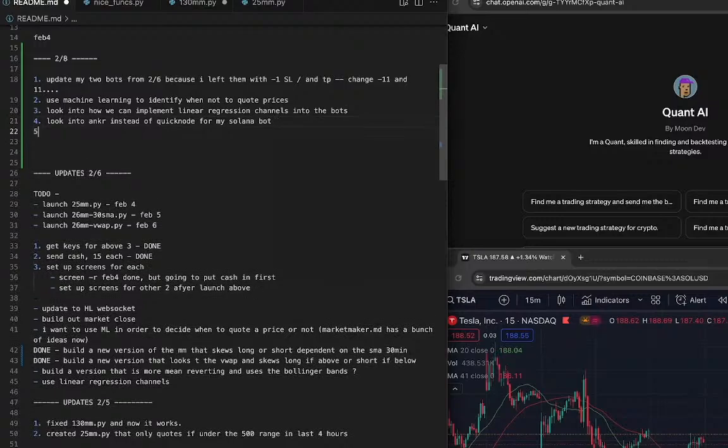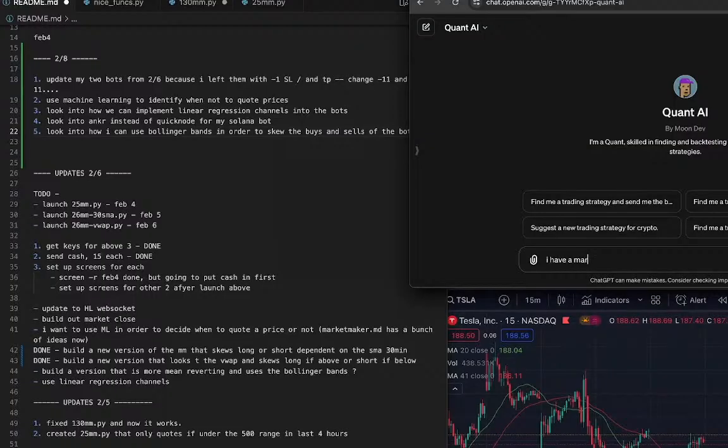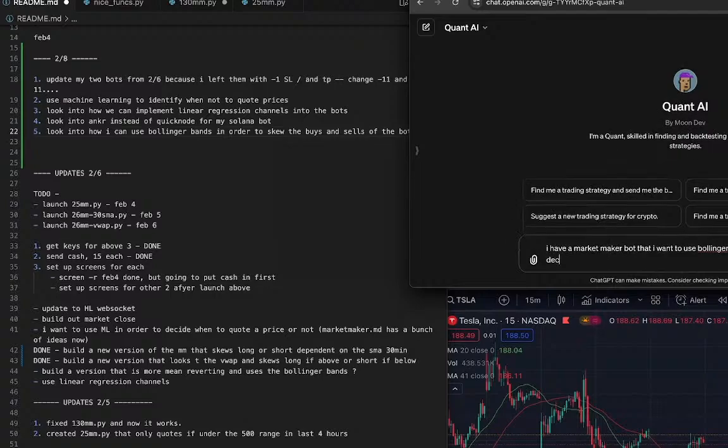Look into how I can use Bollinger Bands in order to skew and sell. I have a market maker bot that I want to use Bollinger Bands for. I can decide when it will be quoting orders based on the Bollinger Bands.